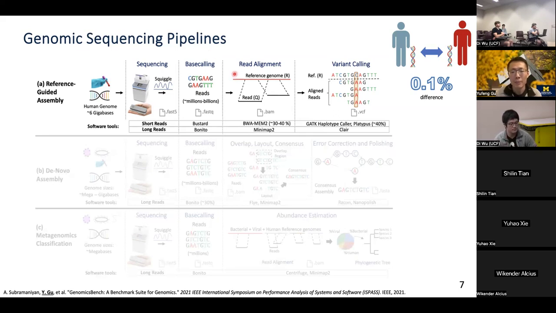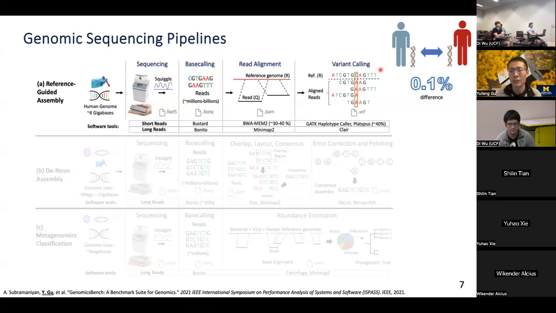The next step is to map these small reads to the long reference. The reference length is usually around 6 gigabases. So after we map each of the reads to the reference, then we detect the difference between each individual sample and the reference. And we name this comparison variant calling.